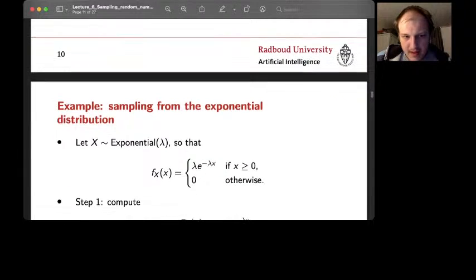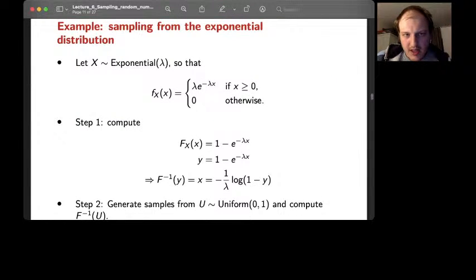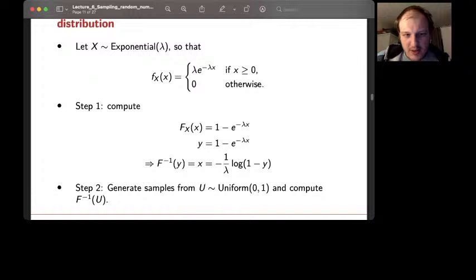Yeah, just to generally be able to explain what step 1 and step 2 do.